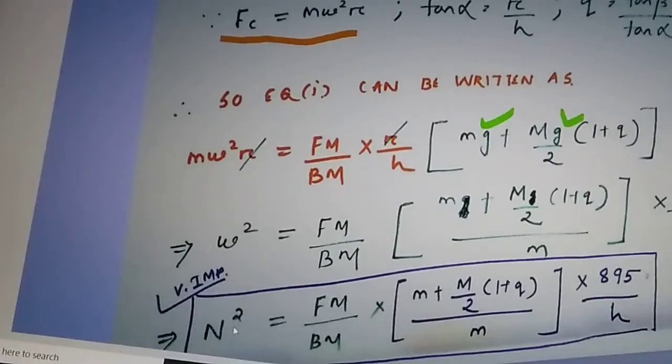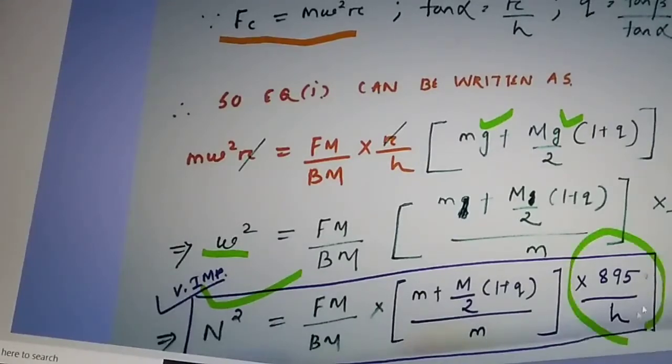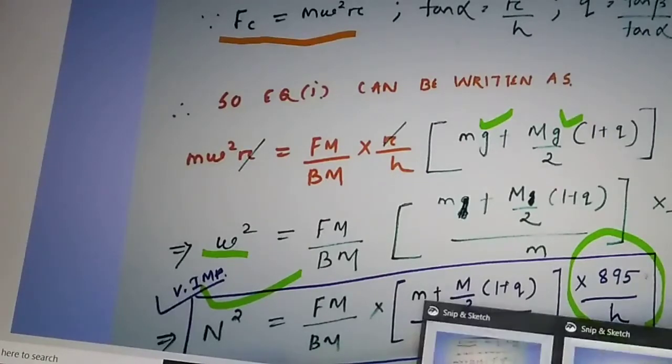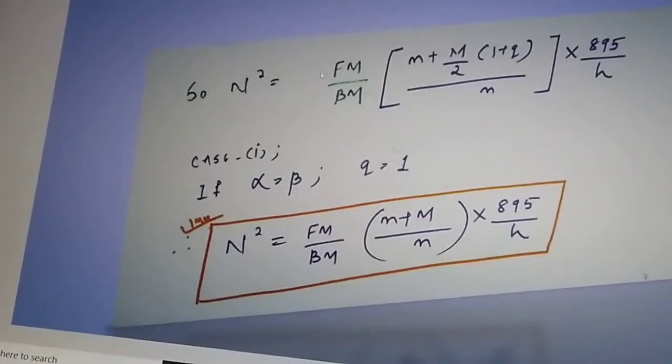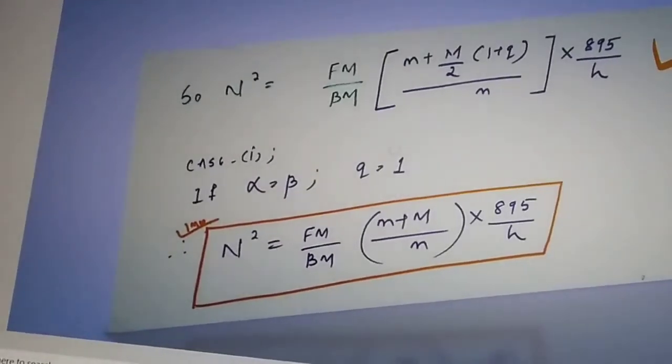Then n square will be Fm by Bm into small m plus capital M by 2 into 1 plus Q divided by small m into 895 by H.